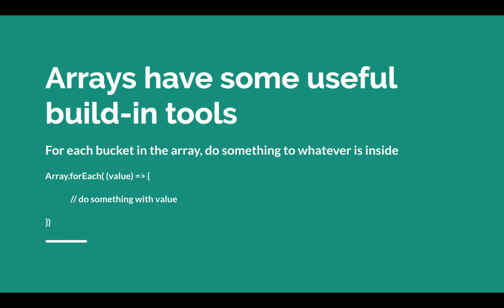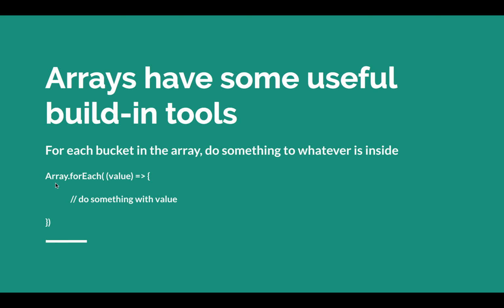And yeah, just before we leave arrays and objects, arrays have some built-in tools. I'm not going to go over this for too long, because it's just better to understand it by sight than to understand how it works. But arrays have built-in methods, and a method is just a bit of code that allows you to do some cool things. So this method says, for each bucket in the array, do something to whatever is inside.